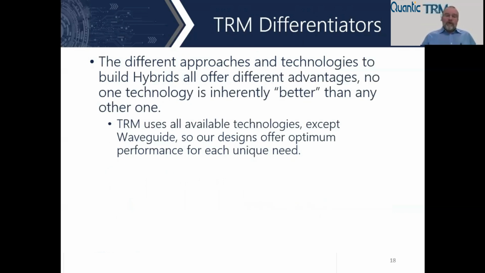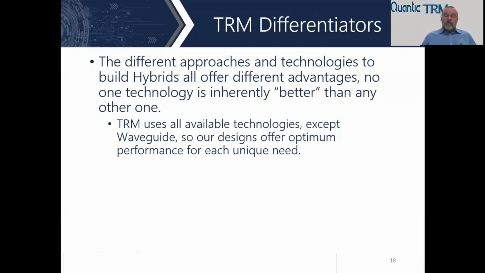Yeah, so what we do here is, as I sort of highlighted going through this, there are lots of technologies that are available to be able to build a hybrid. TRM uses all technologies available: lumped element, strip line, microstrip, coax, and so on. Basically, we use every technology available with the exception of waveguide.